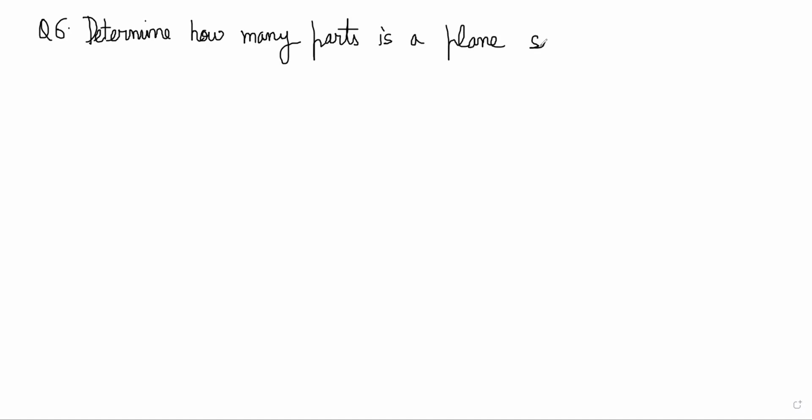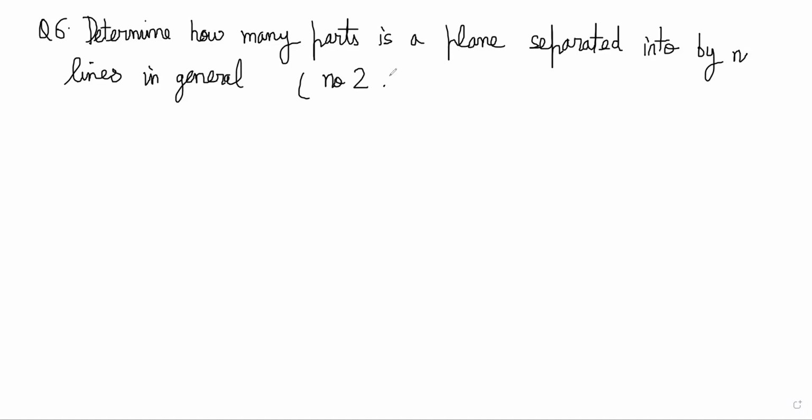The next problem is this one. Determine how many parts a plane is separated into by n lines in general, where no two lines are parallel and no three lines are concurrent.